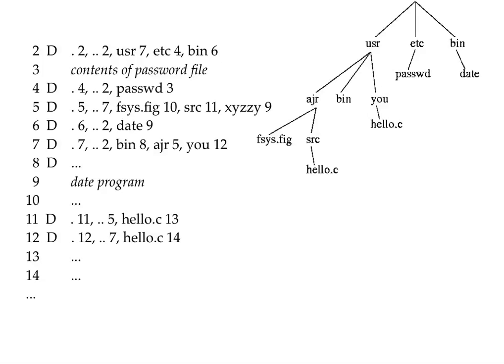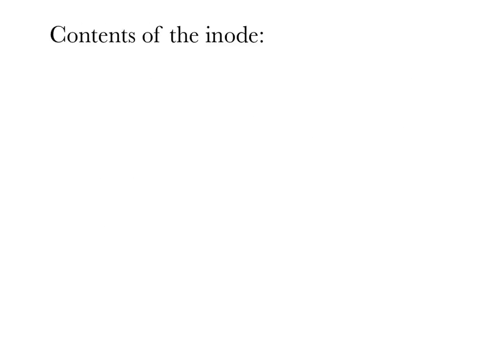So, what data is in the inode? Not most of what we see here. Most of what we see here is a statement of the contents of the files pointed to by the various inodes. The only data here which represents the actual inode contents is that D meaning directory.